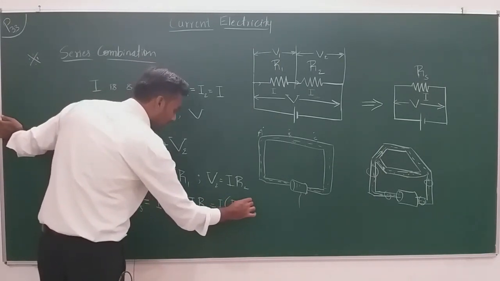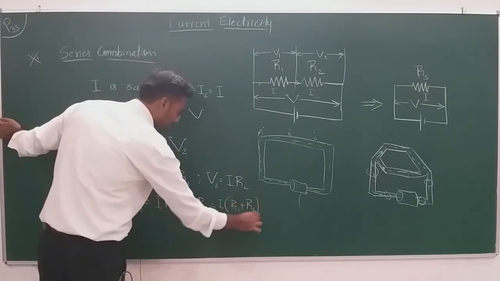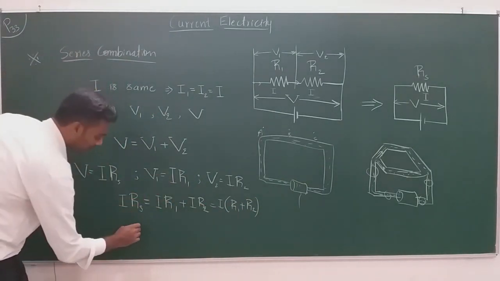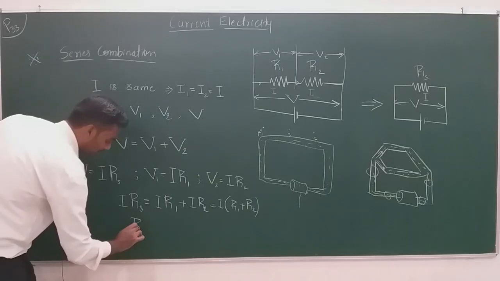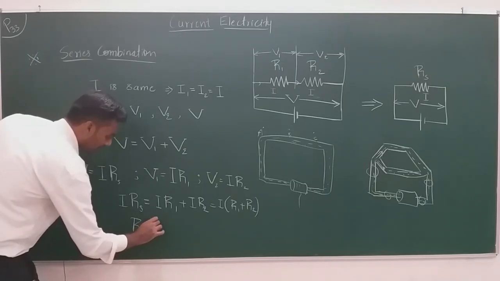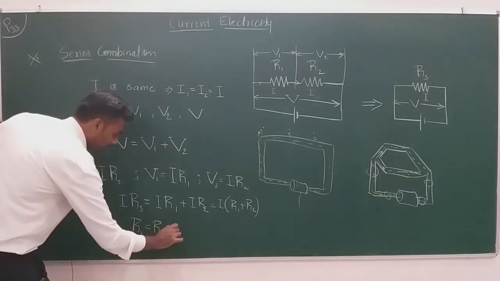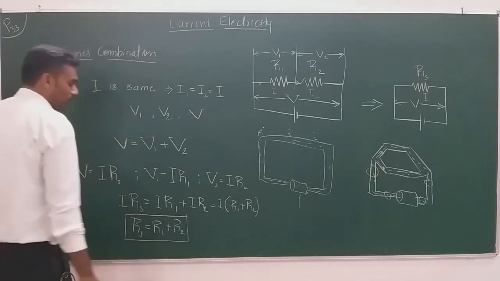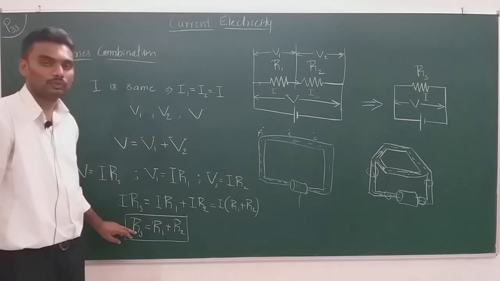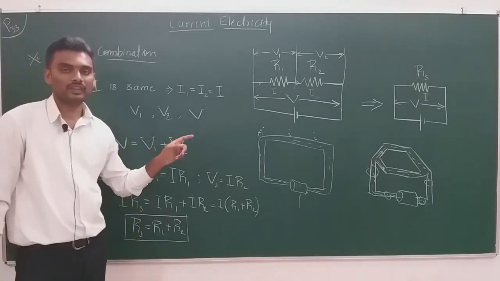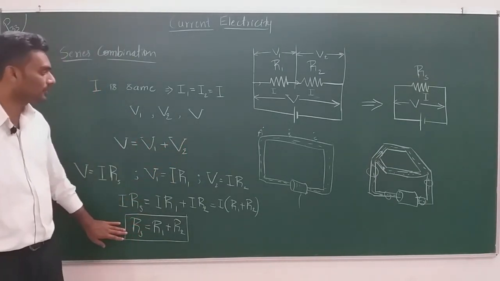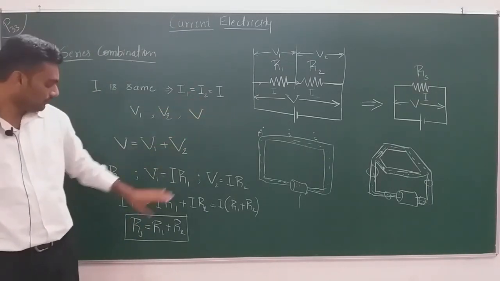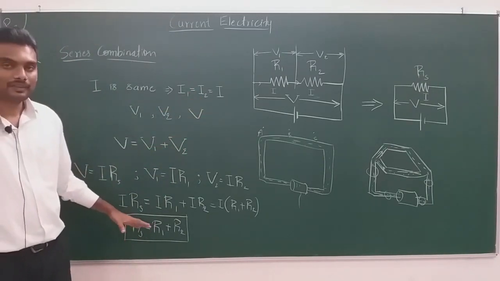It will be I of R1 plus R2, and hence I gets cancelled on both the sides. Finally, we will have the equivalent resistance Rs is equal to R1 plus R2. So this is the expression for equivalent resistance of two resistors connected in series. This is about effective resistance or equivalent resistance of two resistors in series.